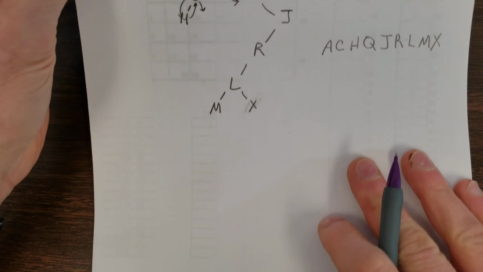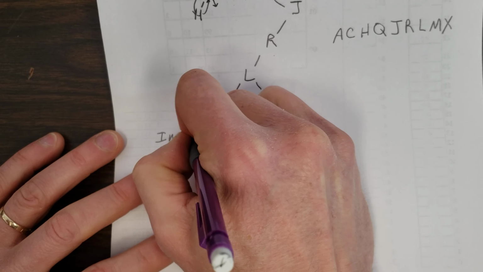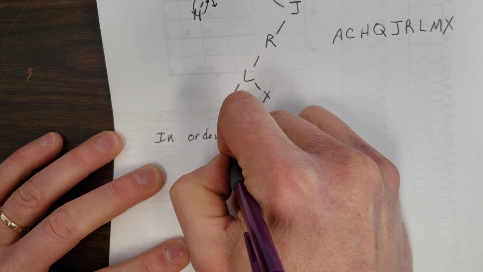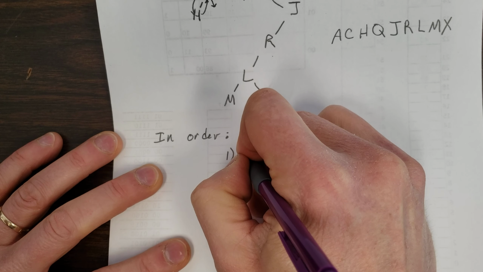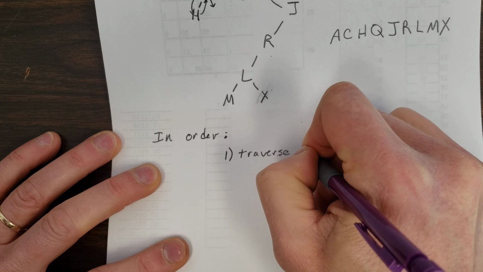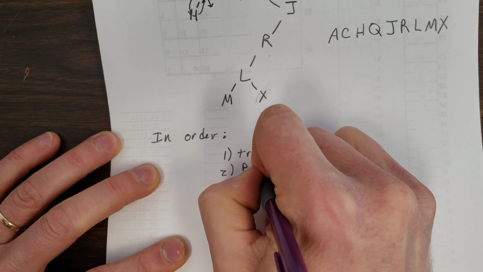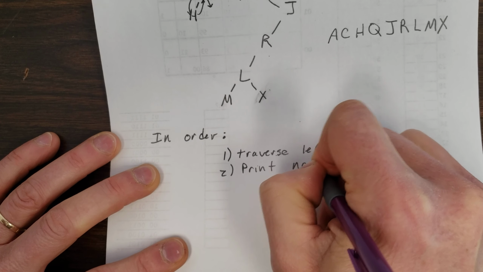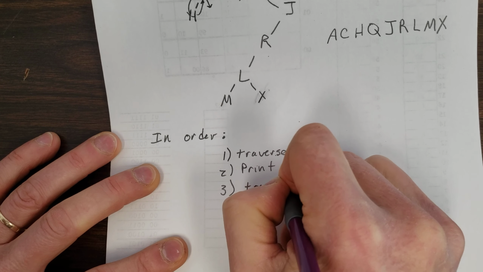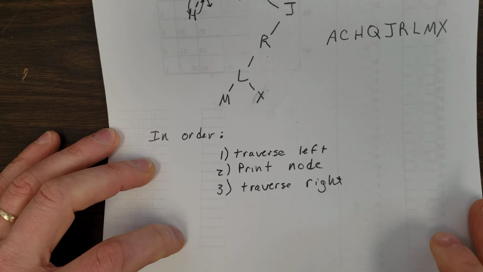Okay, what about an in-order traversal? In-order traversal just switches those. And then we're going to traverse right.